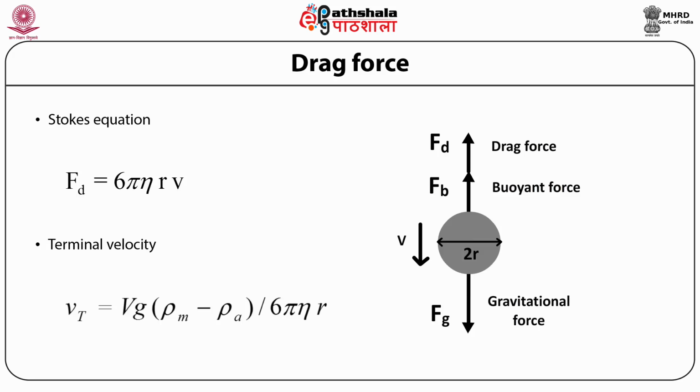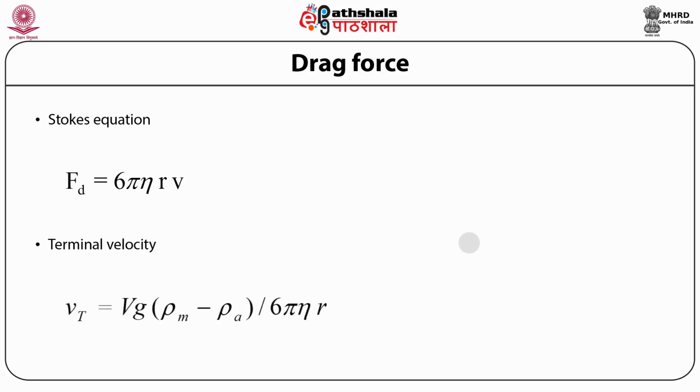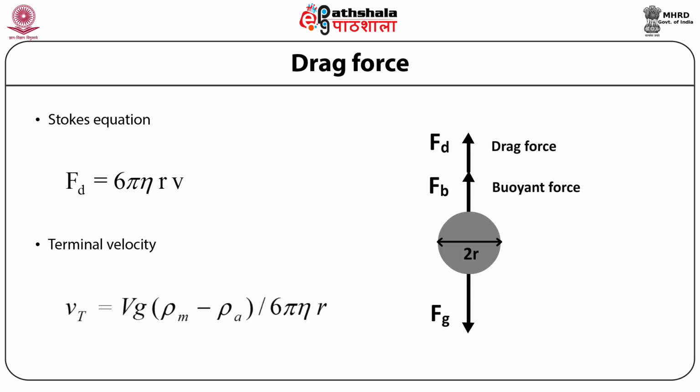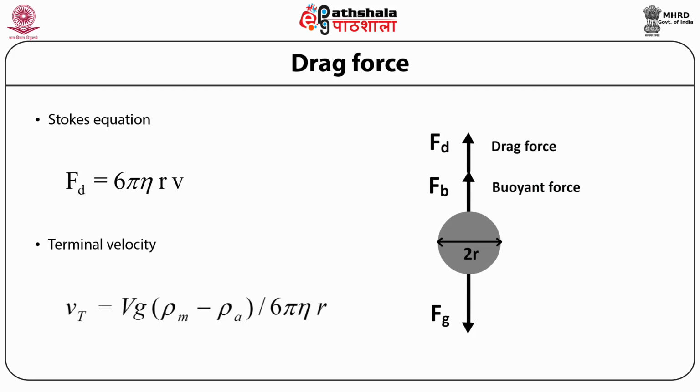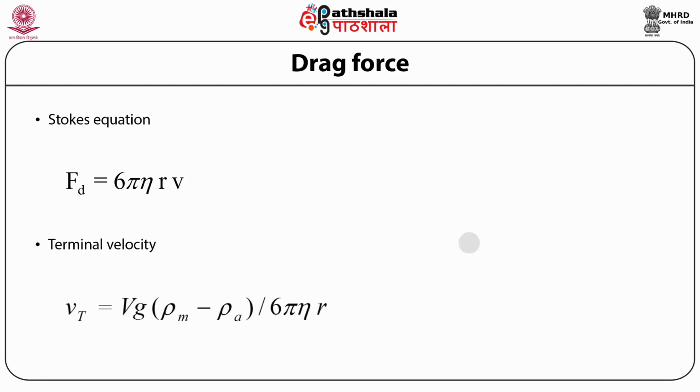For this object, the drag force is given by 6 pi times the viscosity of the fluid times the radius of the object times the velocity. So at any point where the velocity of the object is given, we can estimate how much drag force is acting on the object. This equation is valid only for spherical objects and is known as the Stokes equation.